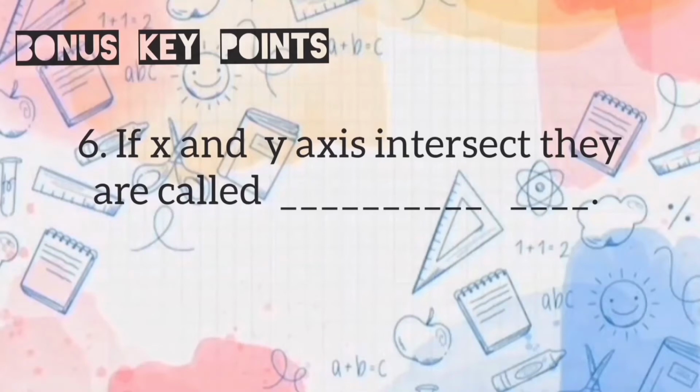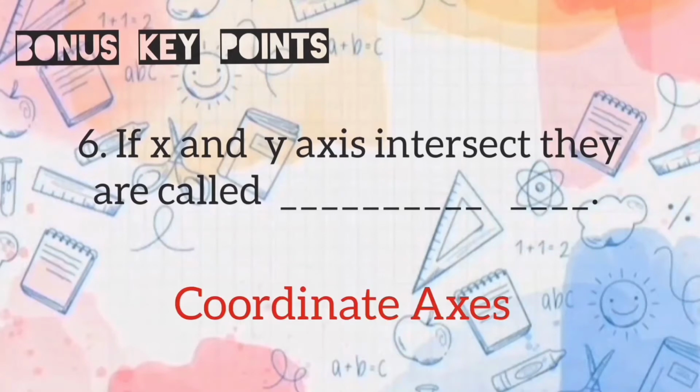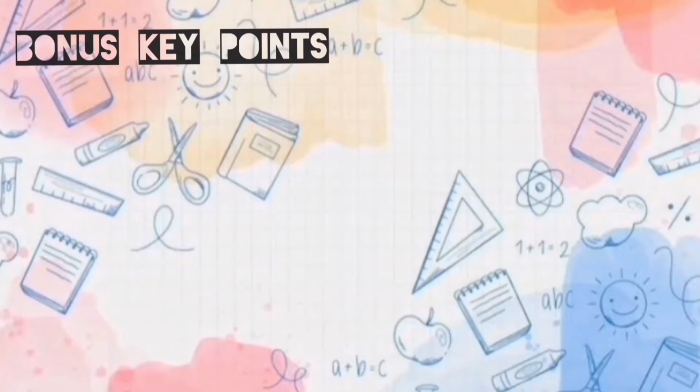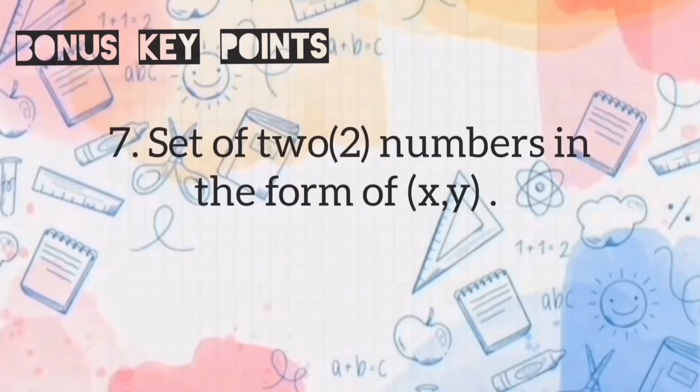If the x and y axes intersect, they are called? The answer is coordinate axes. A set of two numbers in the form of x and y?